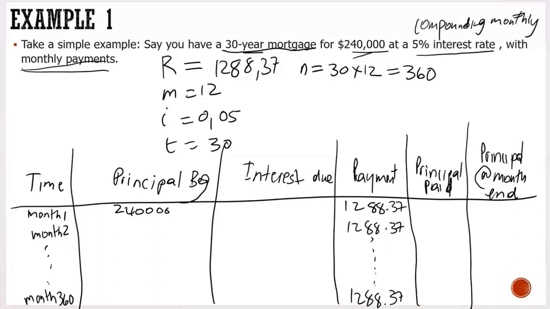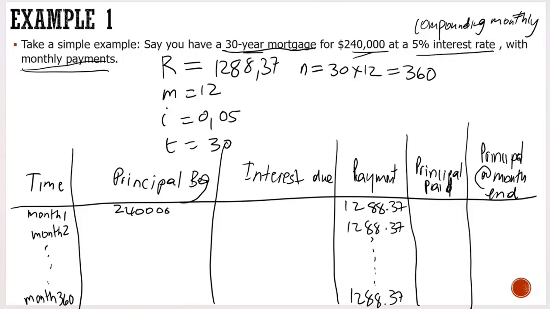To do the calculation for the interest due, you're going to take your principal, 240,000, multiplied by your interest of 0.05. And then remember, what is your time?